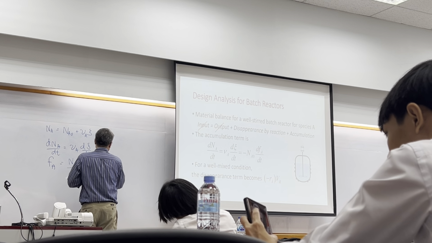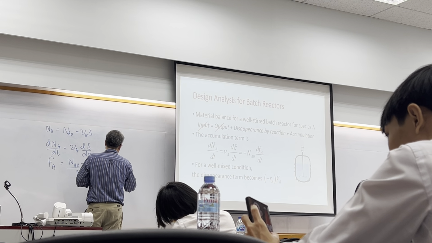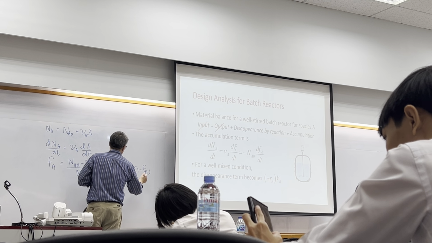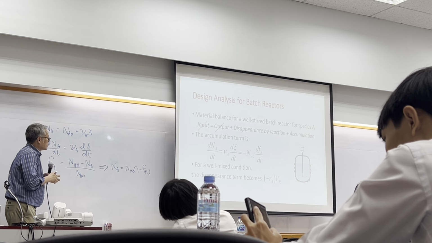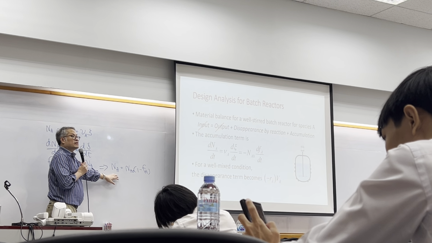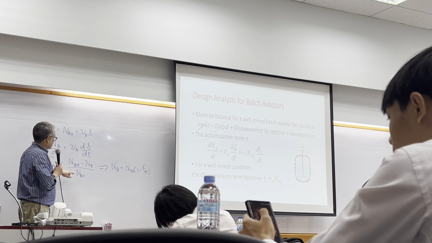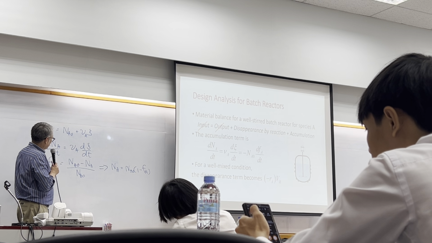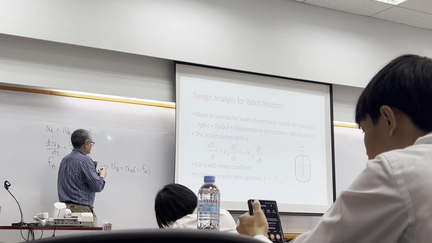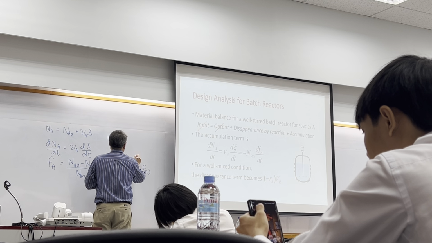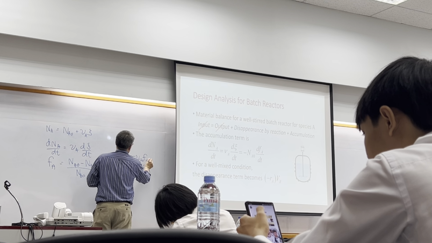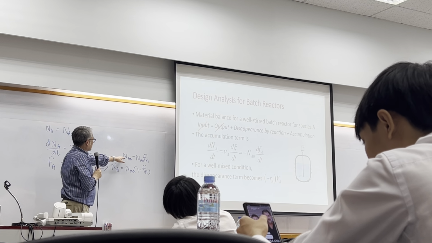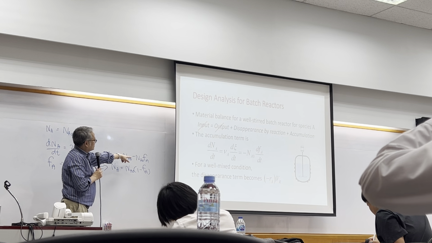You rearrange this to get N_A equal to N_A0 times (1 minus F_A). This expression is for the limiting reactant. You move N_A0 F_A to the right-hand side, so you have N_A equals N_A0 minus N_A0 F_A.